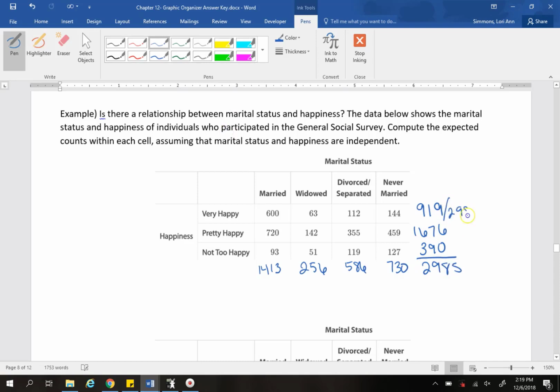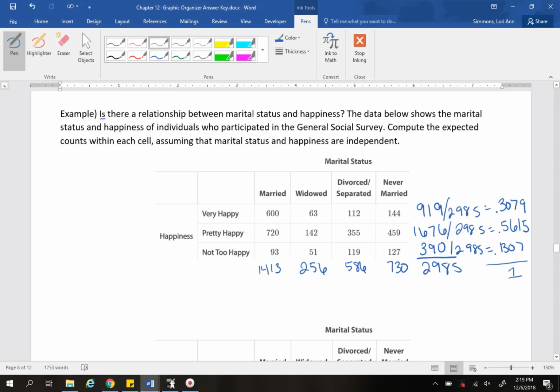So when you divide by 2985, you get 0.3079. So about 31% was very happy. 0.5615 was pretty happy, and 0.1307 was not happy. You can check yourself, they all add up to 1.